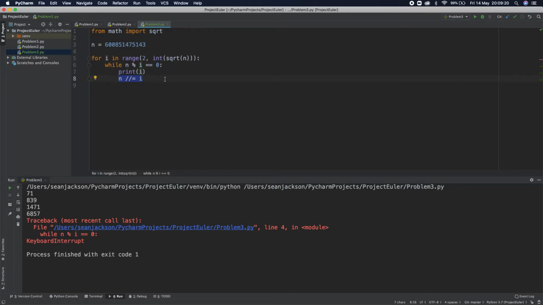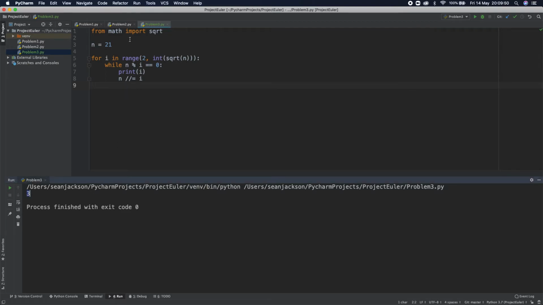So let's think of a number where this is the case. 21. If we do 21, then if we go up to the square root of 21, which is somewhere in between 4 and 5, then we would have only gotten up to 3, and therefore 7 wouldn't have been found, because we know that the prime factorization of 21 is 3 and 7. So if I do this, it should only give us 3.